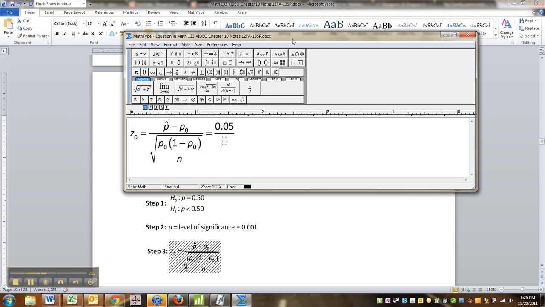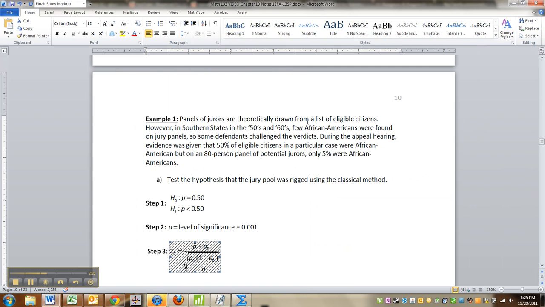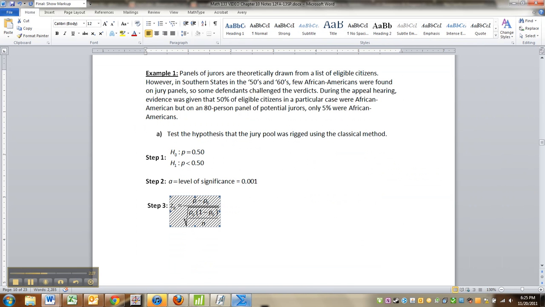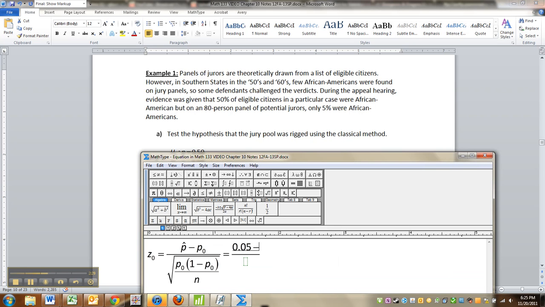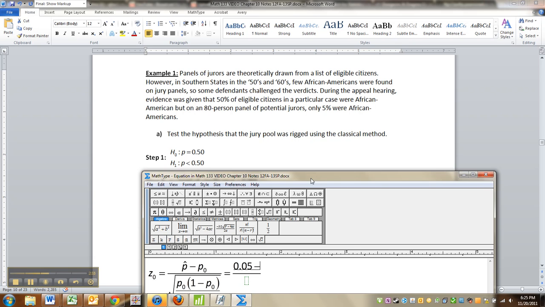0.05, minus p0. p0 is the null hypothesized proportion, which is 0.50, over the square root of 0.5 times 1 minus 0.5, because that was in the null hypothesis, all over n, which was 80.